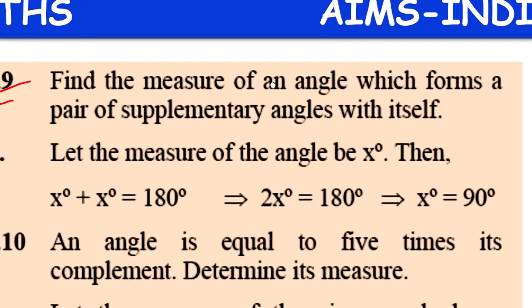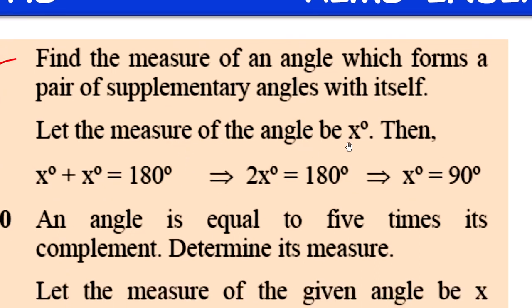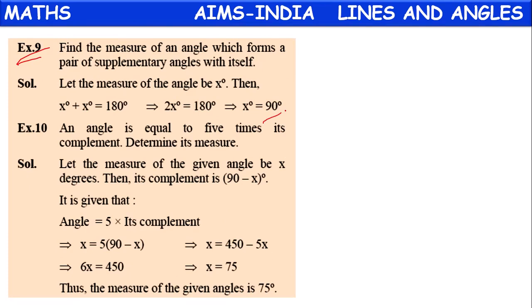Here, the angle forms a pair of supplementary angles with itself, which means if one angle is x, the other angle is also x, so x plus x equals 180. So 2x equals 180, so x equals 90.